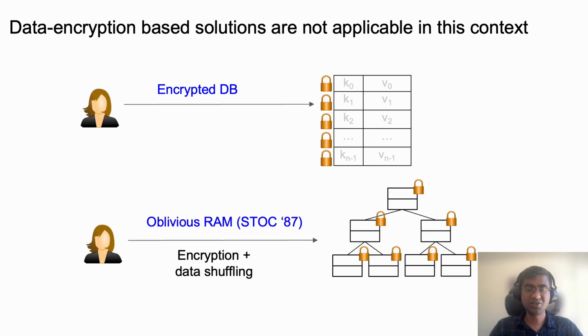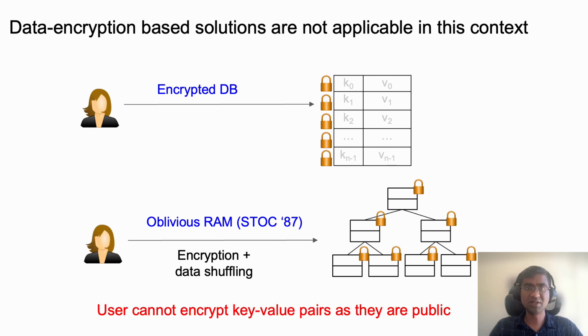Another popular area of research is Oblivious RAM, where a client outsources encrypted data and also hides access patterns by shuffling the data. Both of these techniques are not applicable in our case as the data is owned by the server and the user cannot encrypt or manipulate the data.